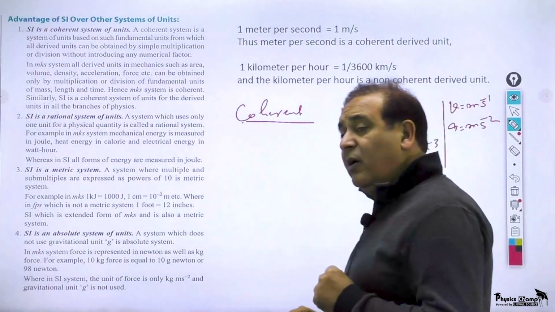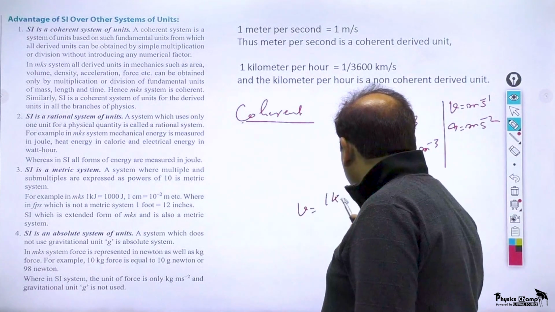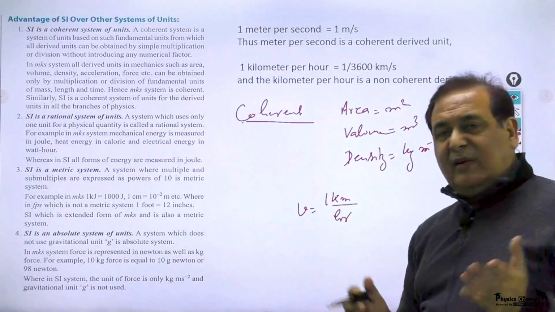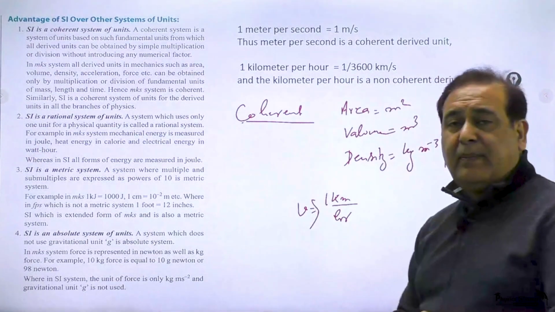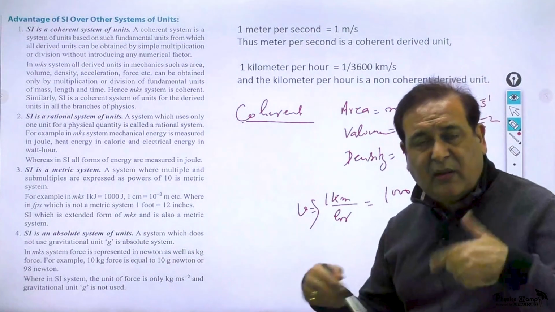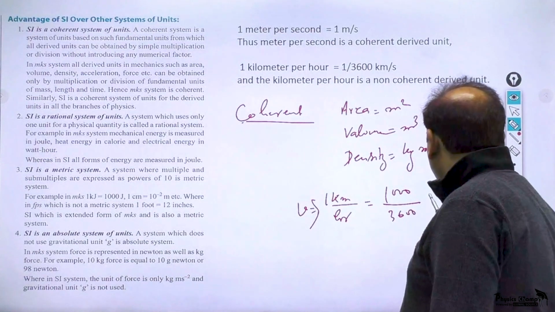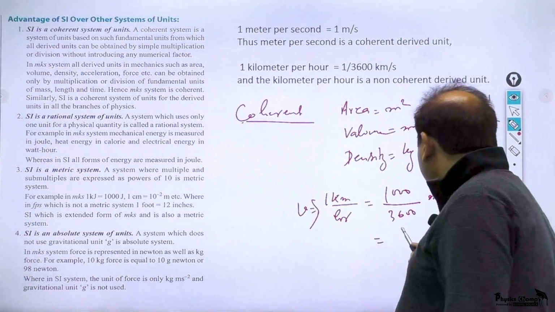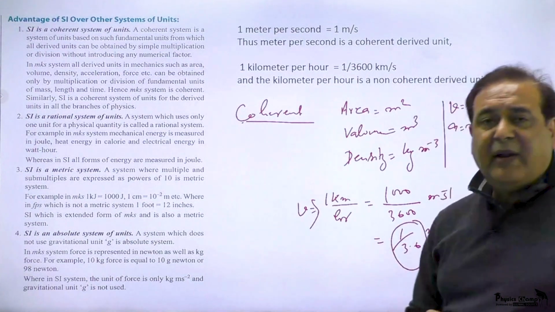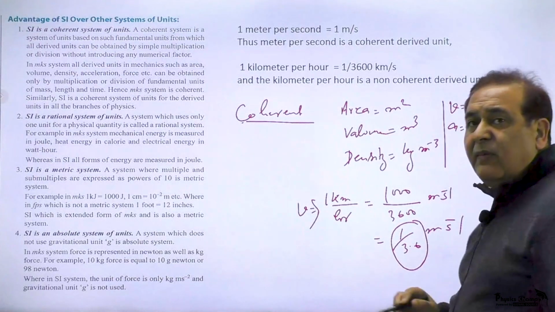But if I am talking of a system where the unit of velocity is 1 kilometer per hour, and I want to convert it using the smaller units, 1000 divided by 3600 meter per second, I will get 1 by 3.6 meter per second. Here, for getting this velocity, I have to introduce a numerical value.